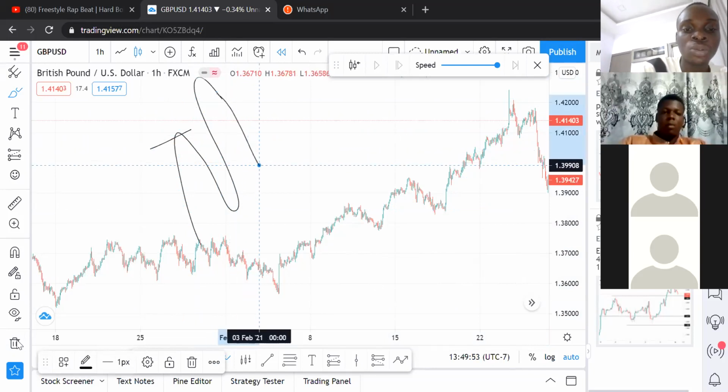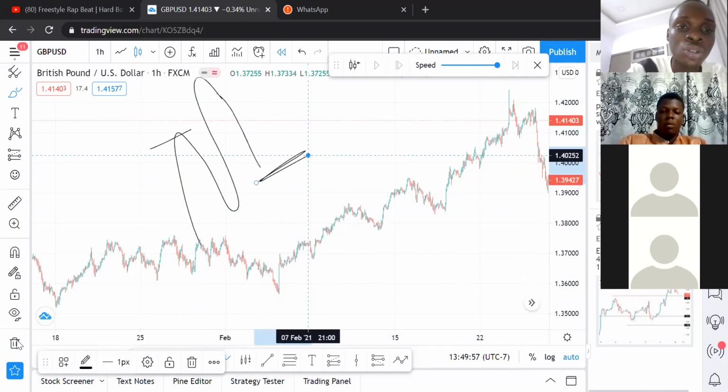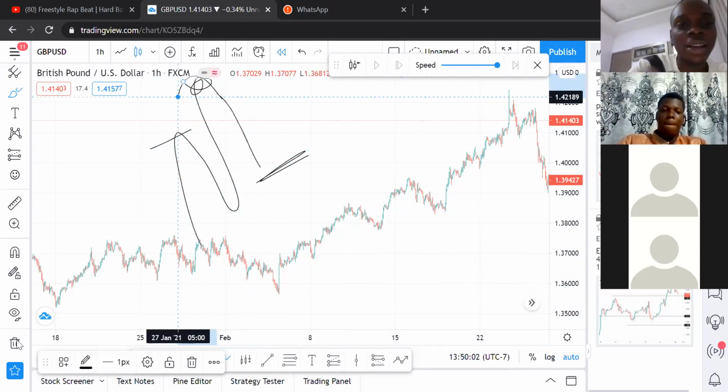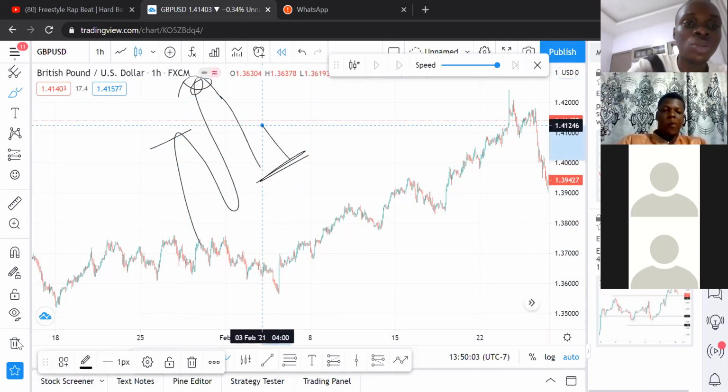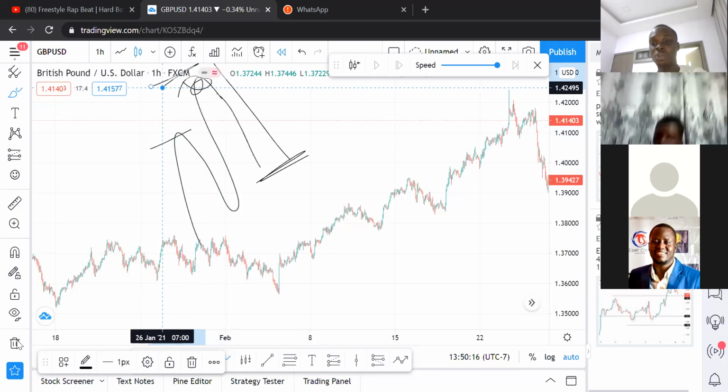You have to wait for the market to complete a new higher low. Then if you are buying here, you should know your take profit should be above this one. You should be expecting the market to go above this place, instead of just looking for 100 pips or 200 pips. Then when the market does a lot of pips, it comes back and you feel, what happened, but I hit my stop loss.